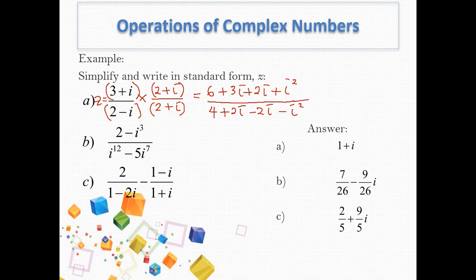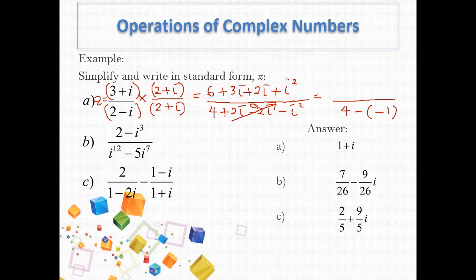By multiplying the denominator with its conjugate, the imaginary part vanishes. So 2i minus 2i becomes 0. So this can be replaced by 4 minus, remember what is i squared? i squared is negative 1.